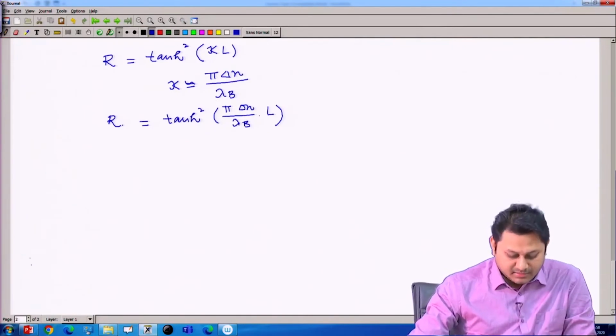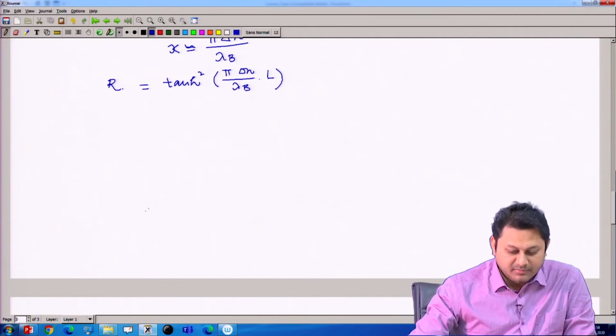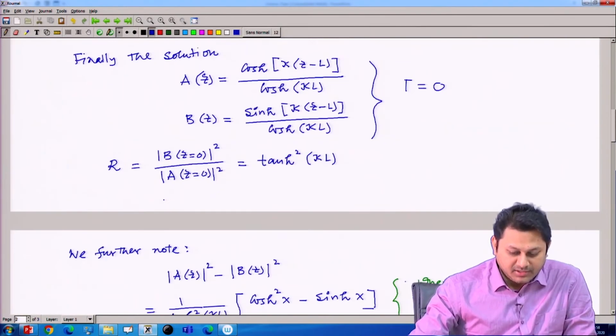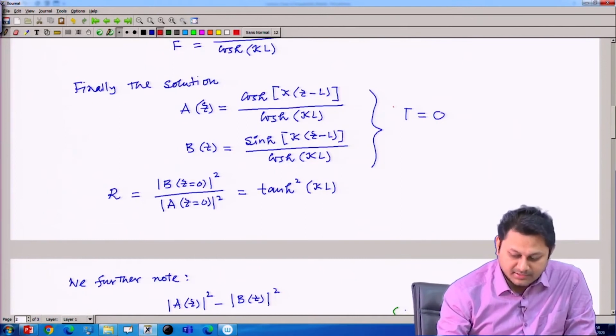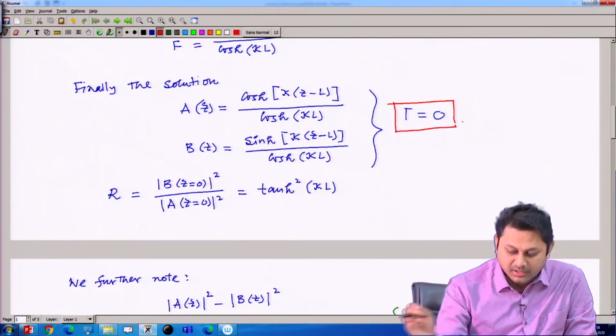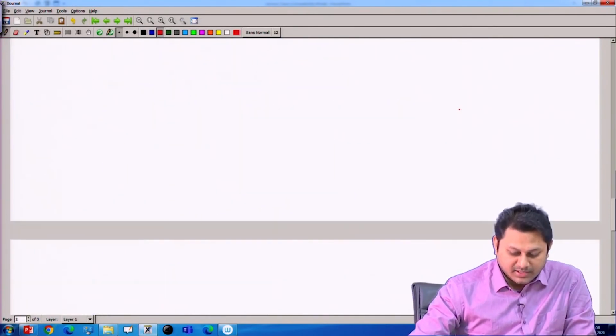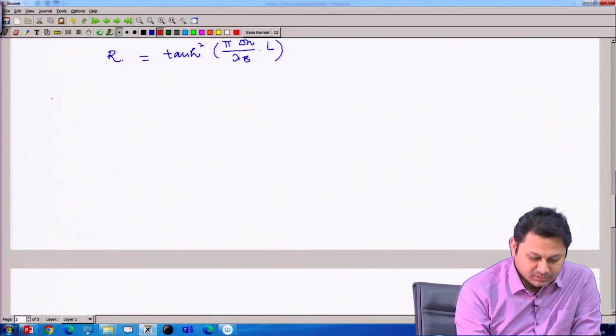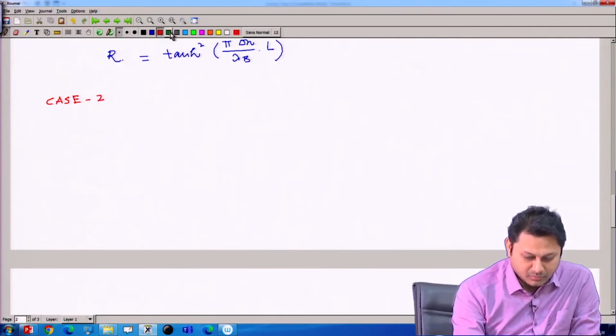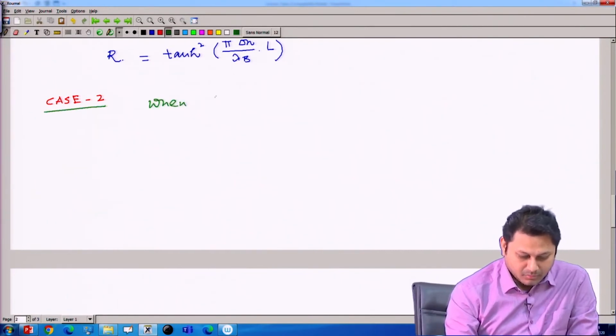Well, next we should start a calculation when this Bragg condition is not satisfied. In all this calculation, you should note that this condition is there. That is why our calculation was a bit simple, but now we consider a more general case, say case 2, when this is not equal to 0.